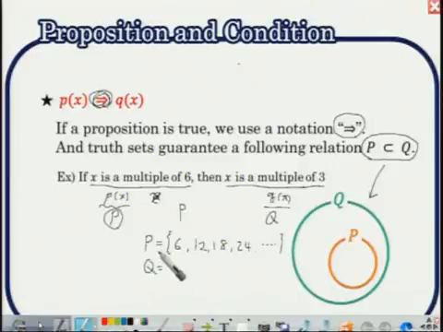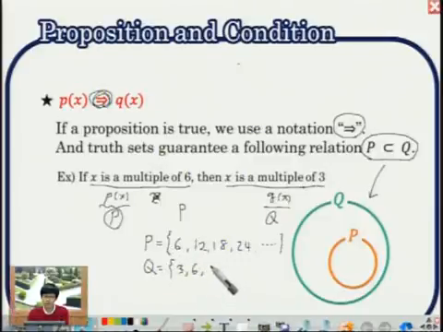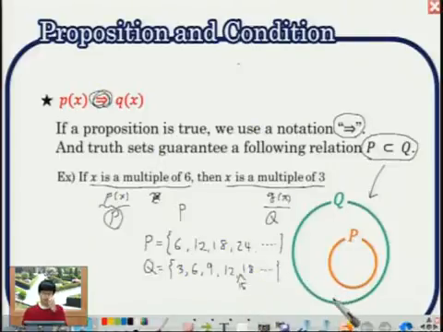Are you following me? And Q will be 3, 6, 9, 12, 18. Oh, actually, there might be 15 in the middle. Obviously, P is smaller than Q. P is included in Q.